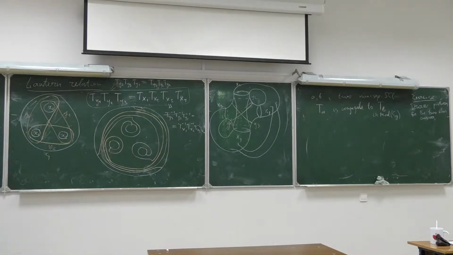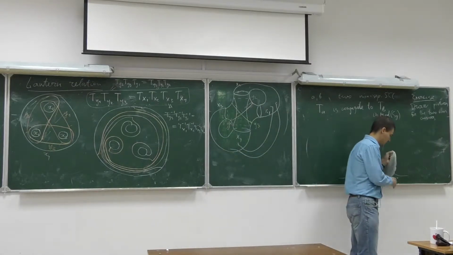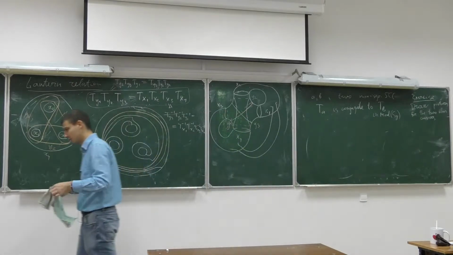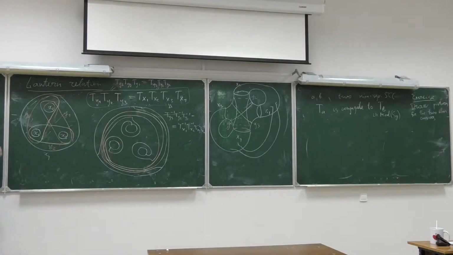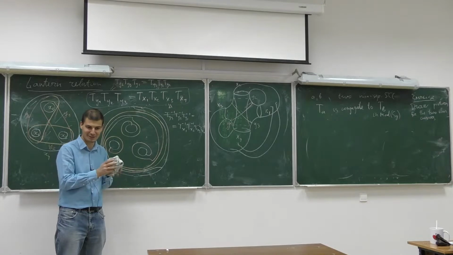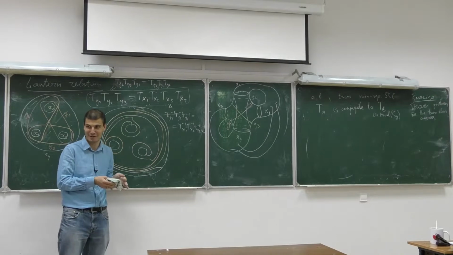Now, several other useful relations. Maybe I do not have enough time to prove them. I just formulate them now. Maybe it is a good exercise to prove them by means of Alexander's method. All these relations can be proved by Alexander's method. Actually, this is a kind of meta theorem: any correct relation can be proved by Alexander's method.